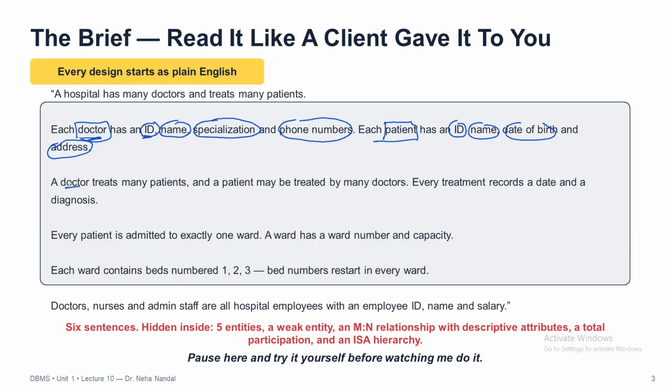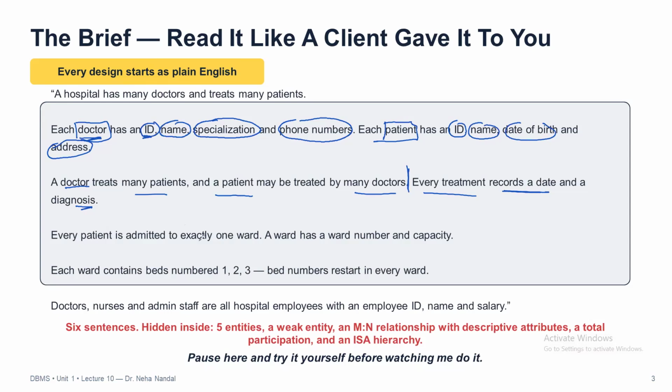A doctor will treat many patients and a patient may be treated by many doctors. A very main thing to remember, because we have to give some cardinalities in our ER model. Then every treatment will record a date and the type of diagnosis they got.